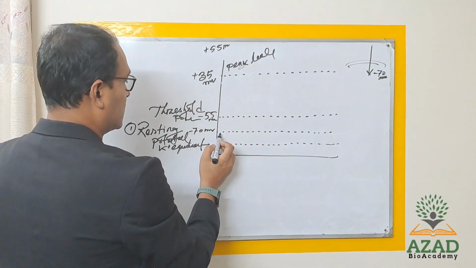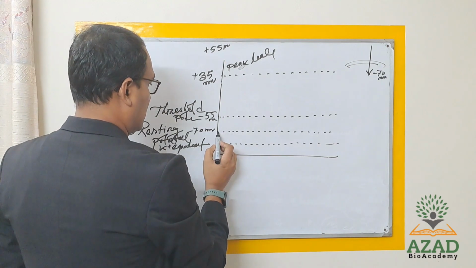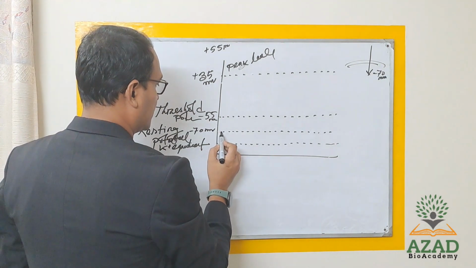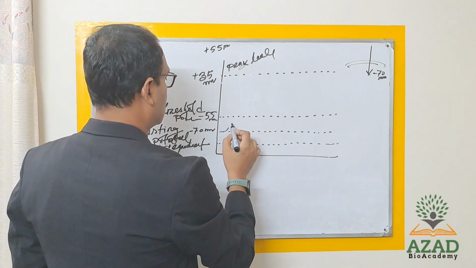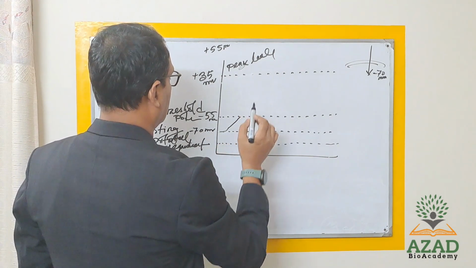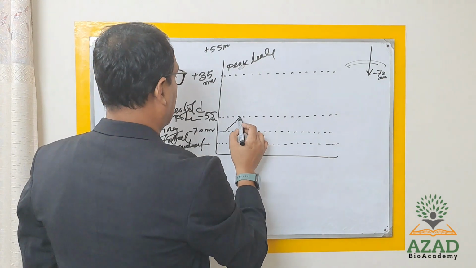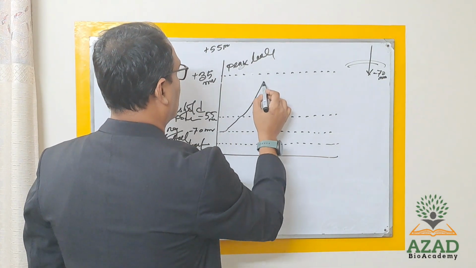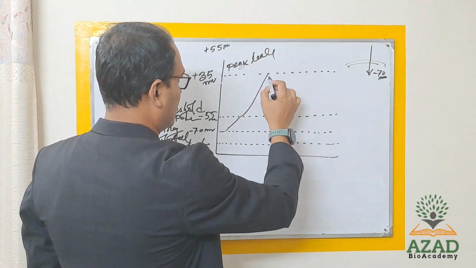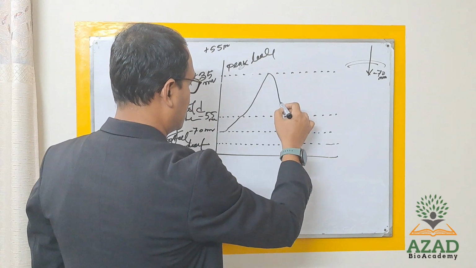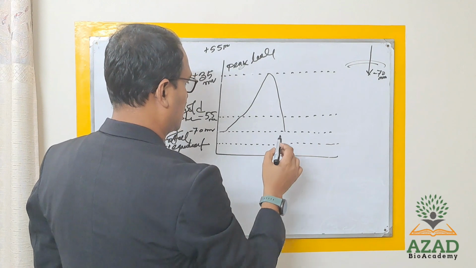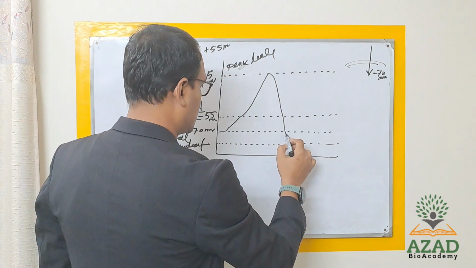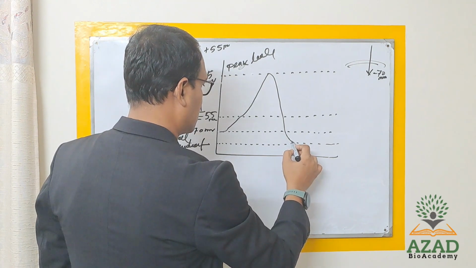So firstly, this one is minus 70 millivolts resting potential, and this one is your threshold potential, and then it will go up to the peak level, then again it will come down, and again it will reach the resting potential, and then it can reach below the resting potential.